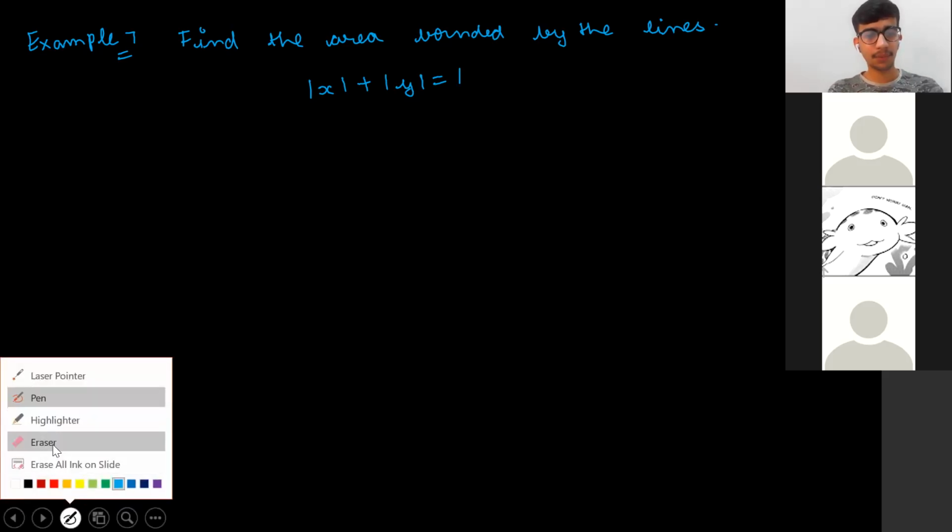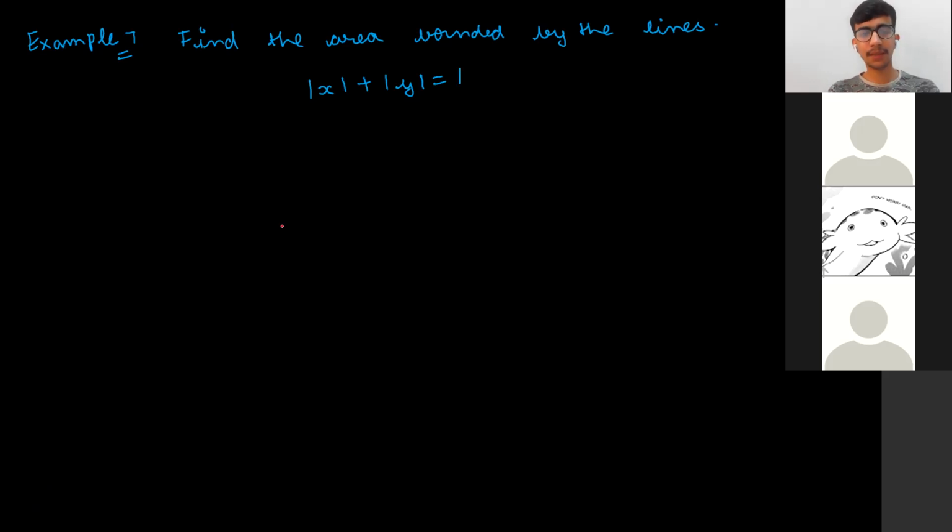See, whenever you get a modulus question, you have to deal with it in different ways. That is, when x is positive, when x is negative, when y is positive, when y is negative. Right? So if x is positive, you get the line x plus y equal to 1.